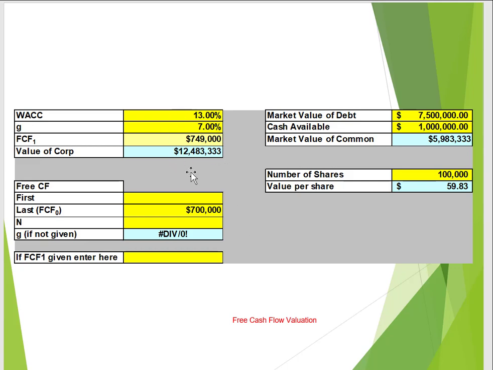And when you plug that in, that's our 12.5. $7.5 million for the market value of debt, $1 million for cash, gives 5.98. So it's the same number we got with the formula before. Divided by the number of shares, we should have a share of stock here of roughly $59.83.